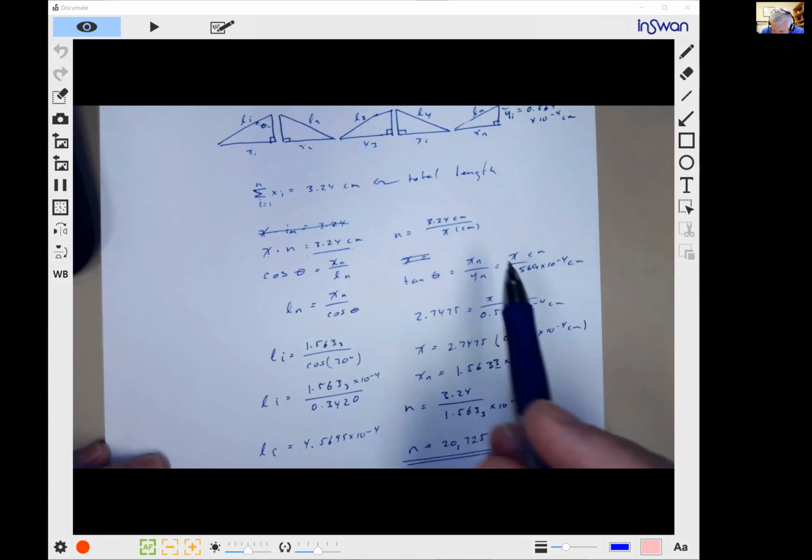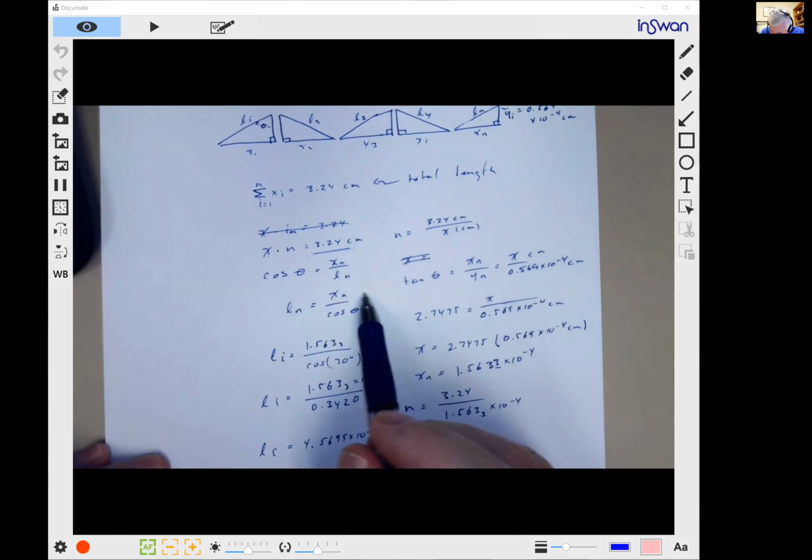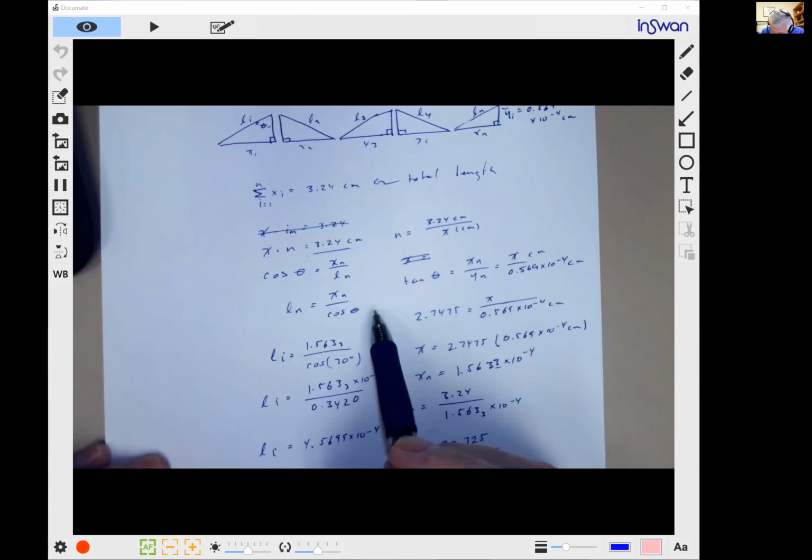In any case, we can substitute some values in there. For example, for cosine of theta, we can put in the cosine of 70, which in the example that I had was 70 degrees.